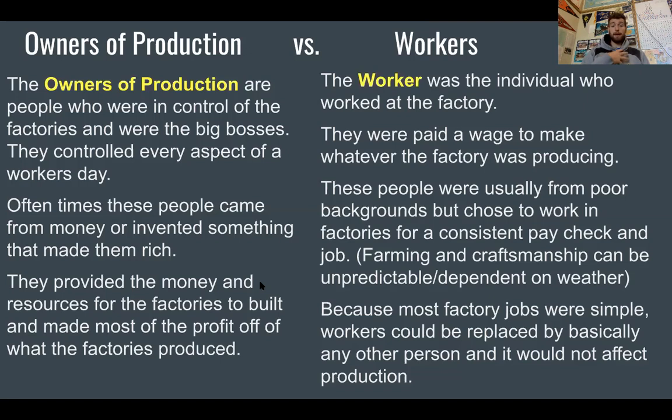So my wages, my pay, my ability to pay for things was directly correlated with my ability to produce a sword. So if I didn't produce a sword, I wasn't getting paid, right? Or if I didn't produce enough swords, I wasn't getting paid.